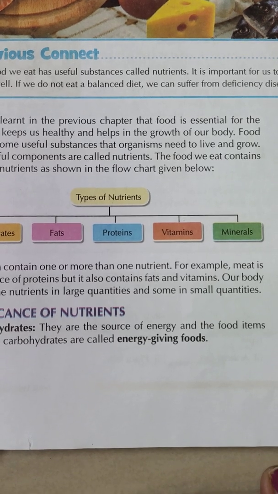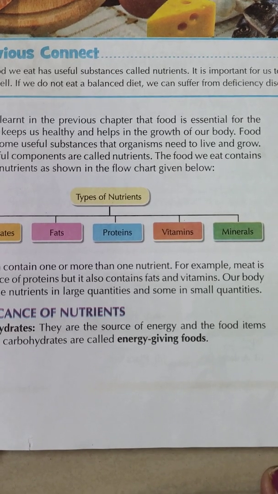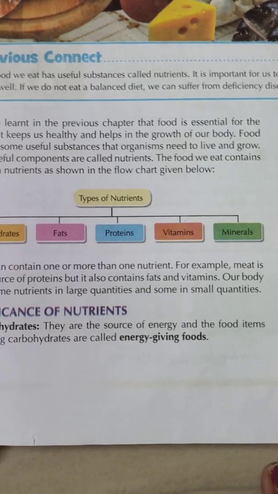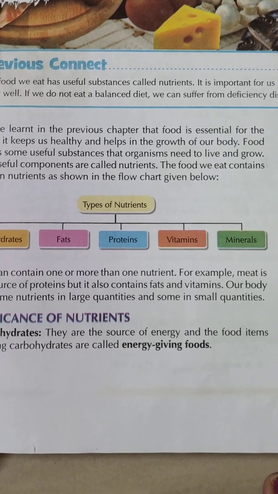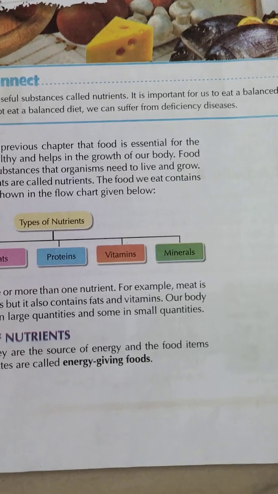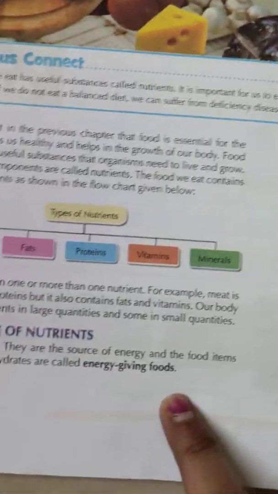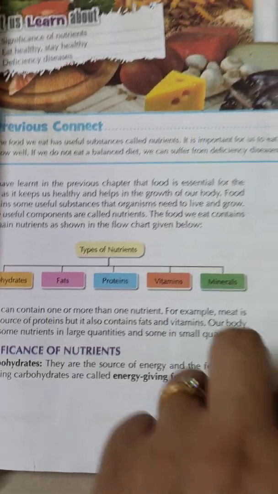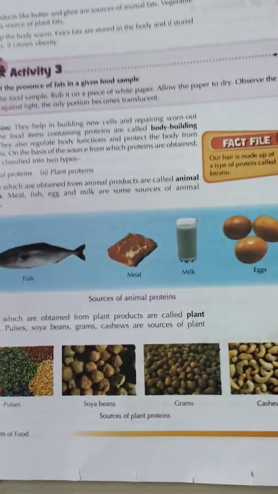So this type of work requires energy. So where does it come from? This energy comes mainly from carbohydrates. So carbohydrates are the source of energy, and the food items containing carbohydrates are called energy giving foods.